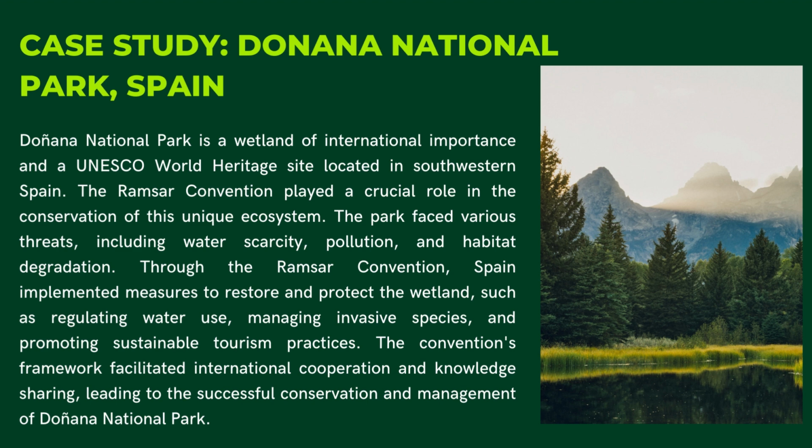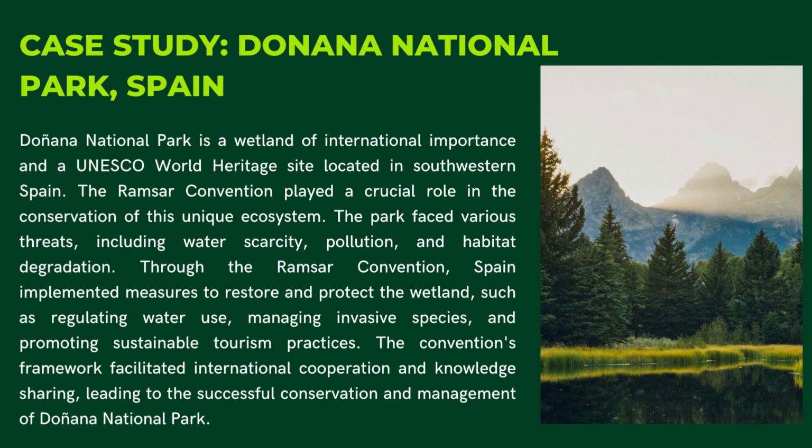A case study that involves the Ramsar Convention on Wetlands is Donana National Park, Spain. The Donana National Park is a wetland of international importance and a UNESCO World Heritage Site located in southwestern Spain. The Ramsar Convention played a crucial role in the conservation of this unique ecosystem. The park faced various threats including water scarcity, pollution, and habitat degradation.